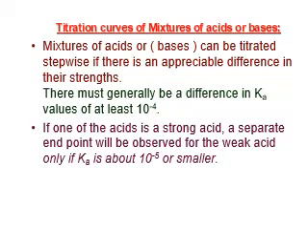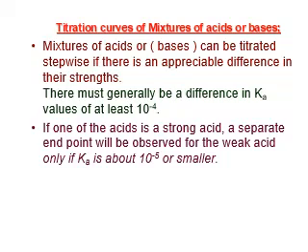For example, if I have a mixture containing a strong acid like HCl and any other weak acid, and this weak acid's Ka is larger than 10 to the power minus 5, in this case, it is a weak acid, but its strength is not very, very weak. It will be somehow similar and near to the strength of the strong acid. Okay, if it has a large Ka value, larger than 10 to the power minus 5.